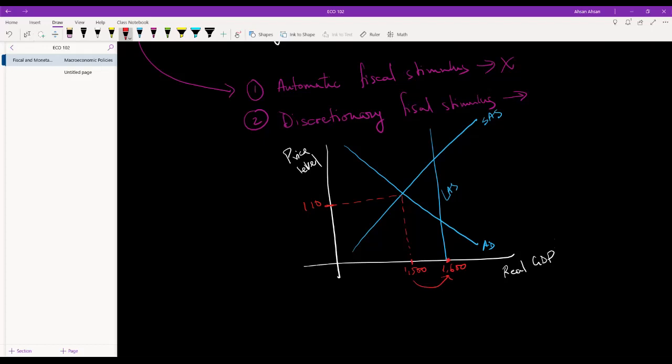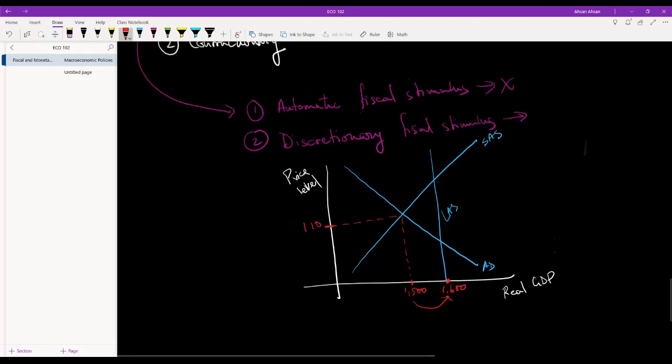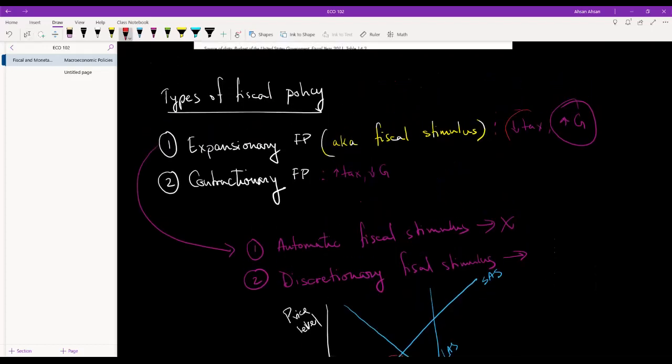They want to increase GDP, real GDP, so that we can go from 1500 to 1600. That's the objective. And if the government wants to achieve this objective via fiscal policy, what that means is that they will either have to change the rate of tax or they will have to change their spending.